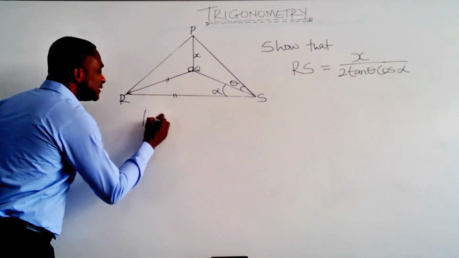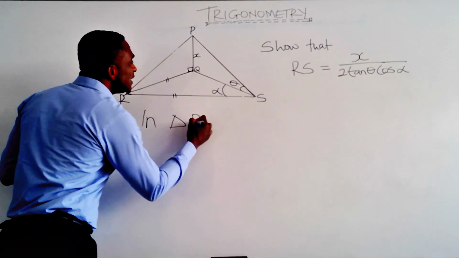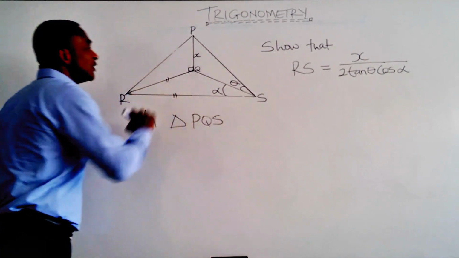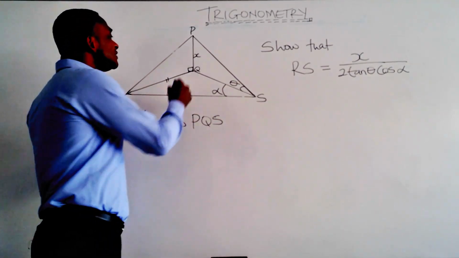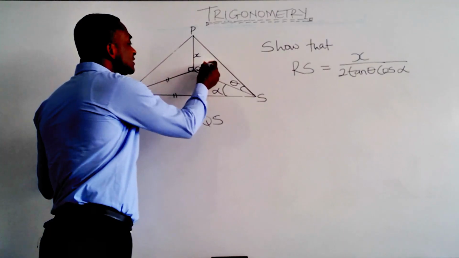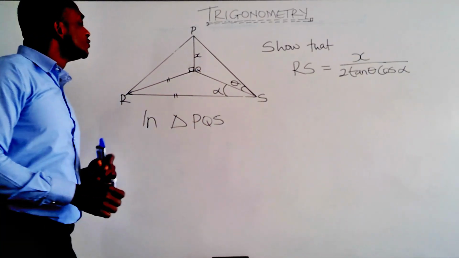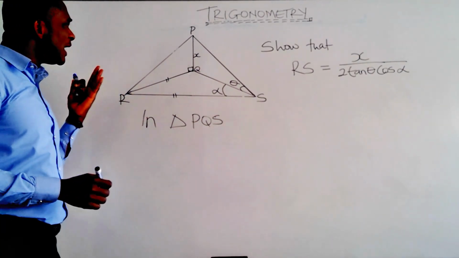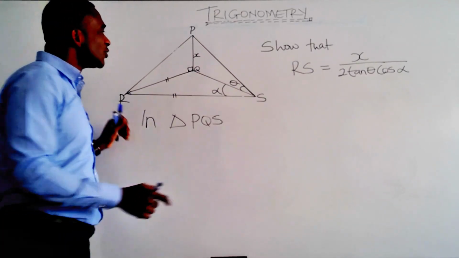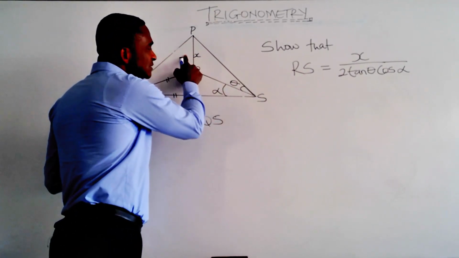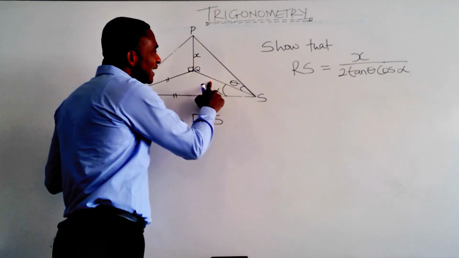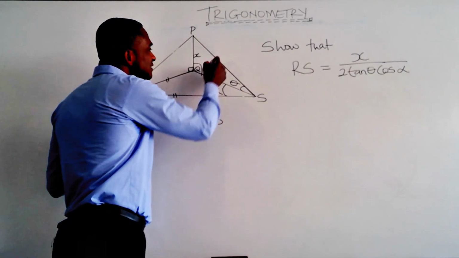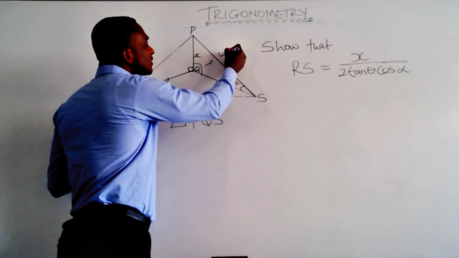So we say that in triangle PQS that was given here, because this lies on the horizontal plane, this is 90, this is 90. So we can use SOHCAHTOA here. So we have opposite over adjacent. Because if this is 90 degrees, this is the hypotenuse.